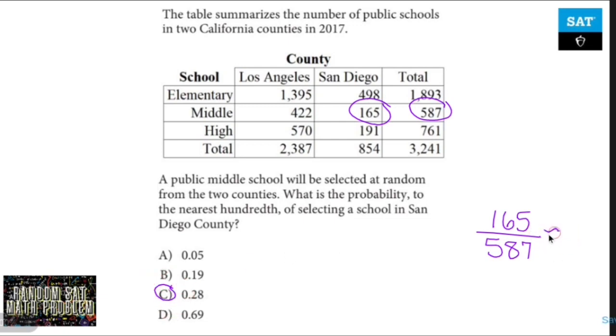That's how I view it. Since this 165 is a little bit more, and since 587 is a little less, that tilts it a little bit more than 0.25. So that's why I went with 0.28. So I'm going with C for this one.